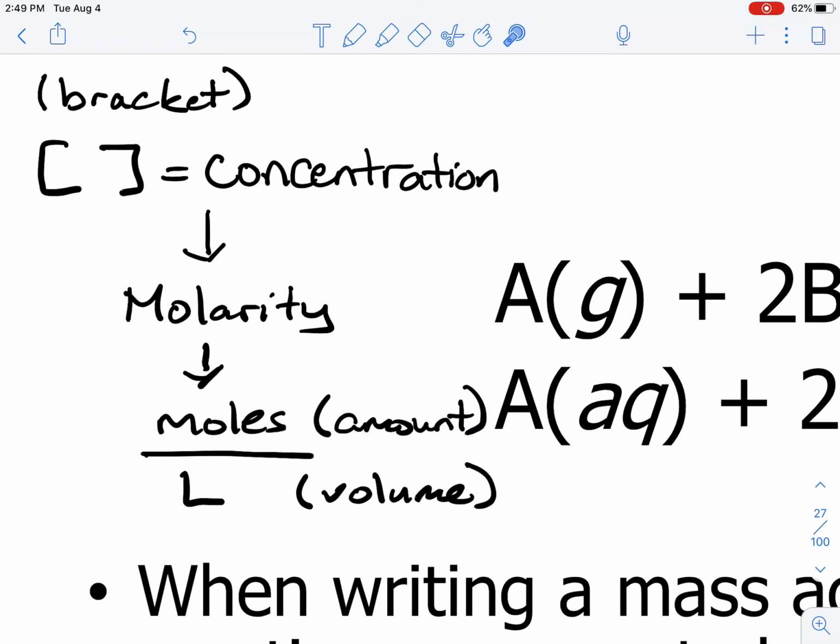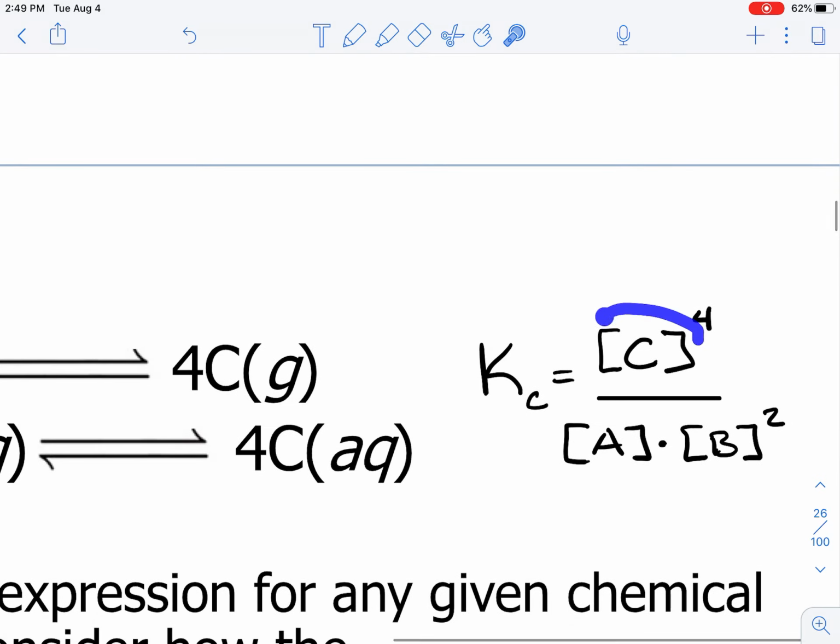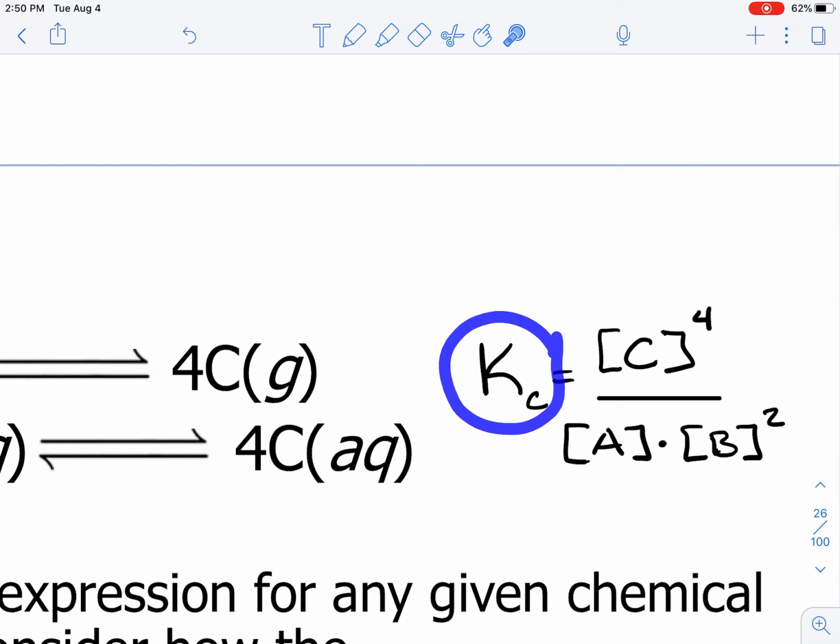Because we can take 3 pieces of cheese, for instance, or 3 moles of reactant and put it in a 1 liter container, 2 liter container, 3 liter container, etc., the concentration of those substances will change depending on the volume that the substance is in. And if you change the concentration, if you change the molarity, then it also affects the equilibrium constant, Kc.